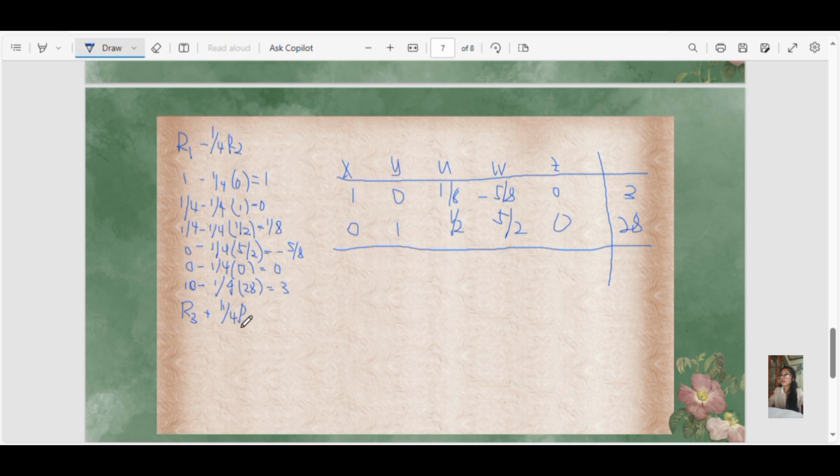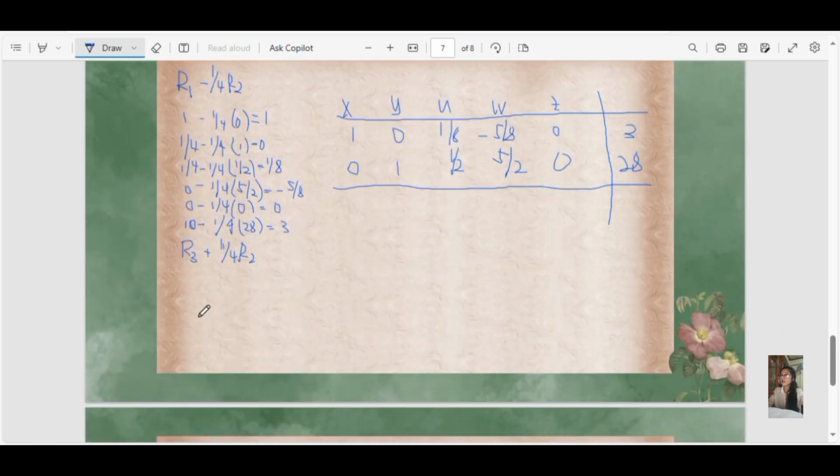R3 is negative 11 over 4, 0, and 50. We're going to add it, because negative 11 over 4 is negative, and we use the positive sign.